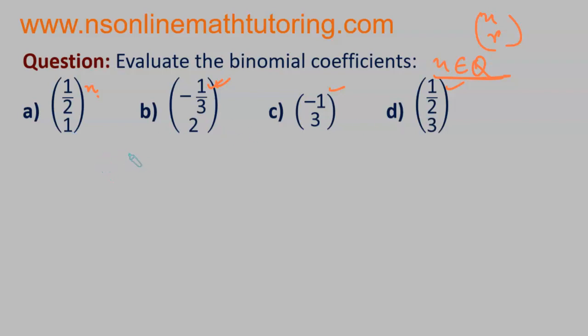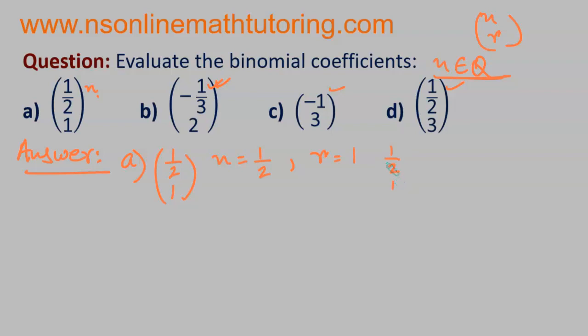So let's start with our answer. First one, subpart A, half C1. That means n is equal to half, r is equal to 1. So what will be the expansion?